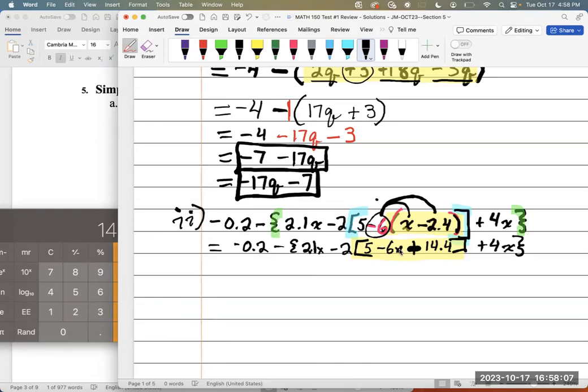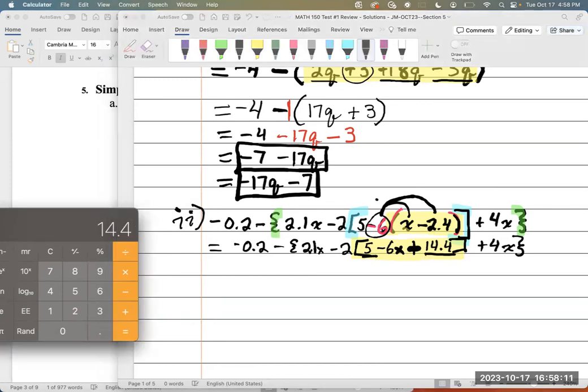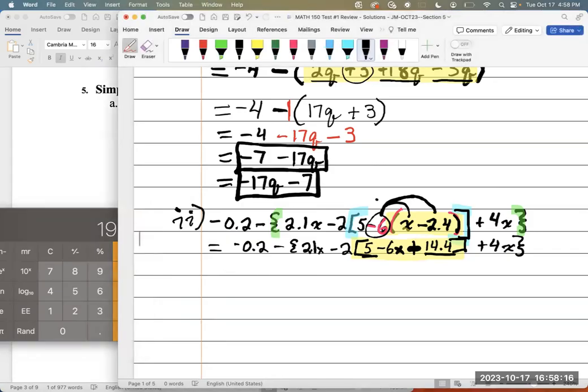All right, now I can combine like terms. I have 14.4 and 5. So 14.4 plus 5 would be 19.4. Rewriting again. So much of these problems is, can you copy the same thing correctly without messing up? So I have 19.4 minus 6x.